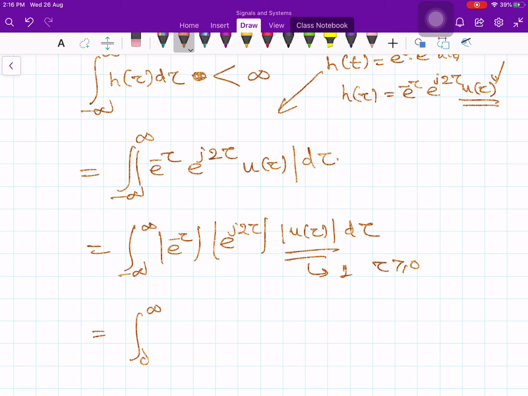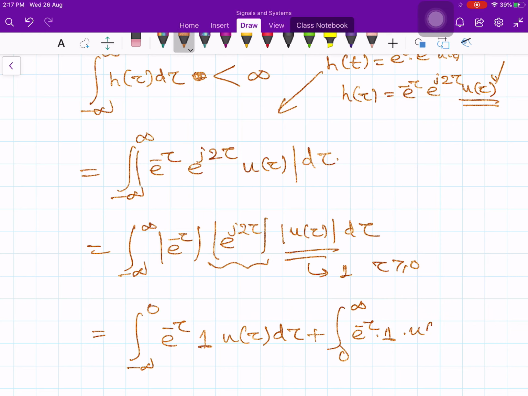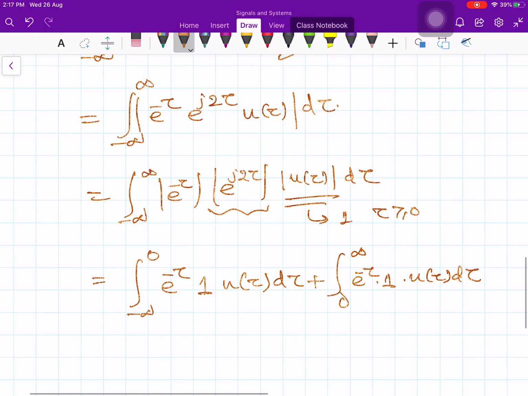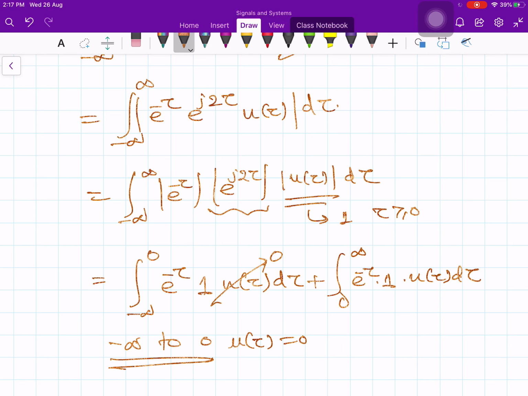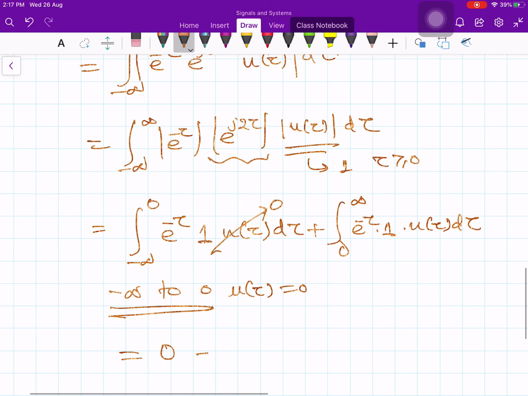Still, if you want, you can put minus infinity to 0 of e to the minus tau. What about this guy? That guy becomes 1. And u of tau d tau, plus 0 to infinity of e to the minus tau times 1 times u of tau d tau. Now from minus infinity to 0, what is the u of tau value? It is equal to 0. Therefore, the first integration leads to 0 and the second part survives.